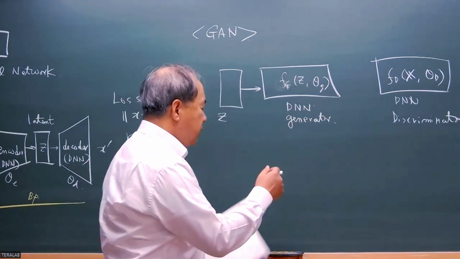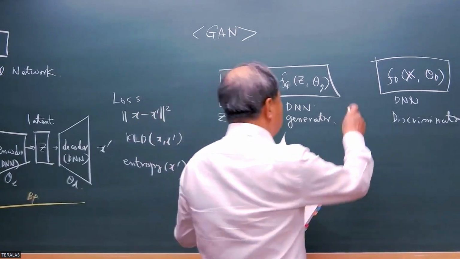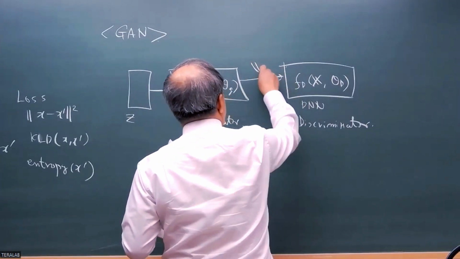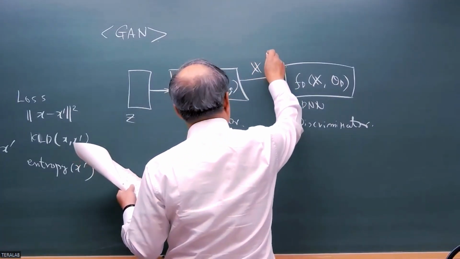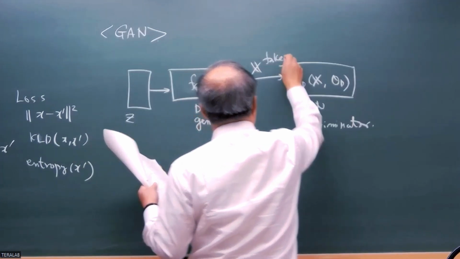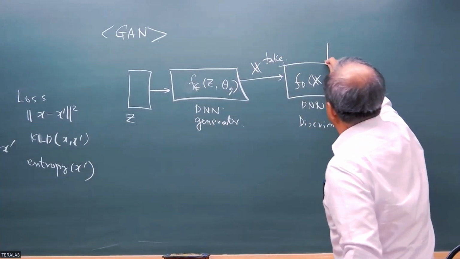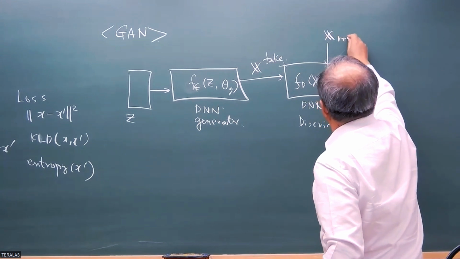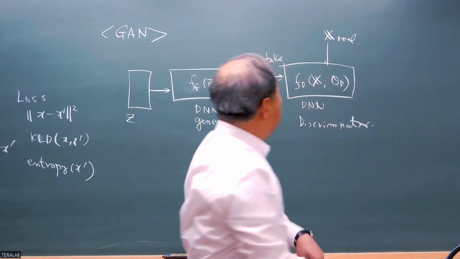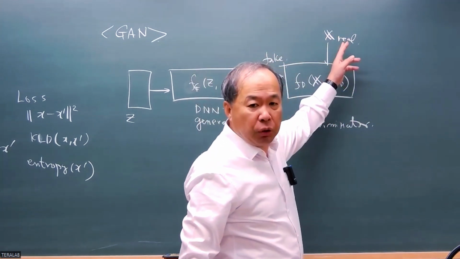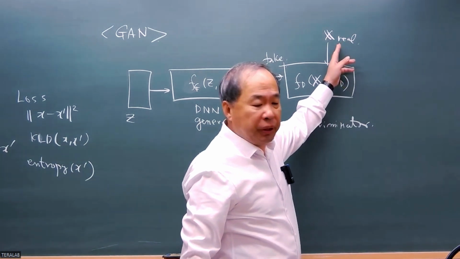When this generator is generating images, it is applied to the discriminator as a form of fake X. Of course, you have real X. Let's assume that real X is an image of Picasso drawings.